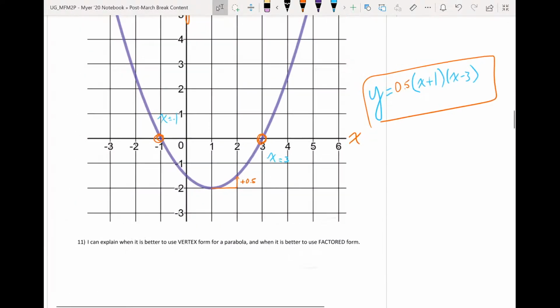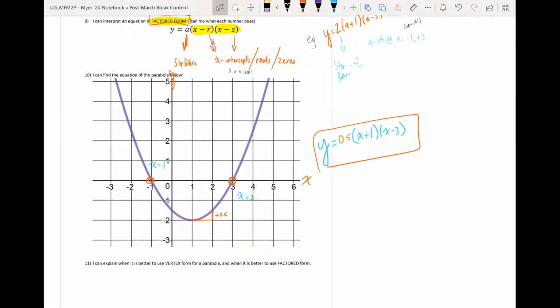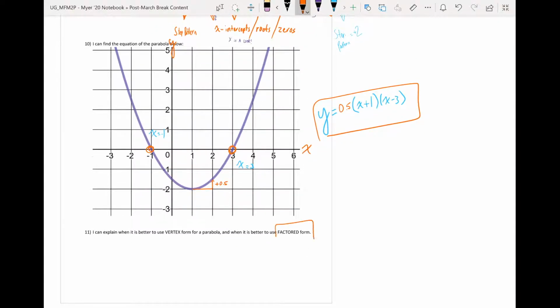So this last part here says I can explain when it is better to use vertex form for a parabola and when it is better to use factored form. So factored form is better when you know the x-intercepts.